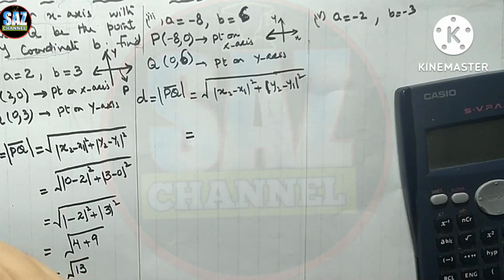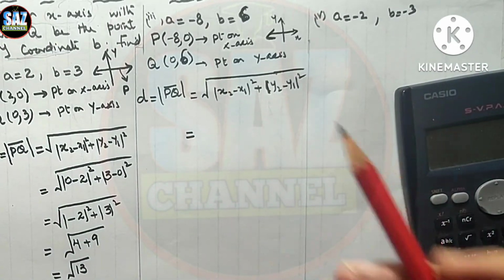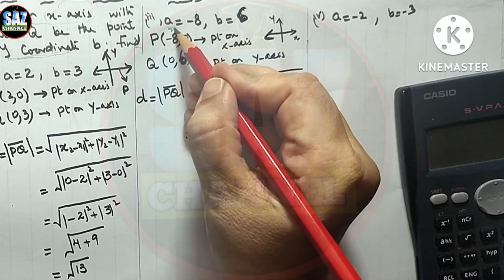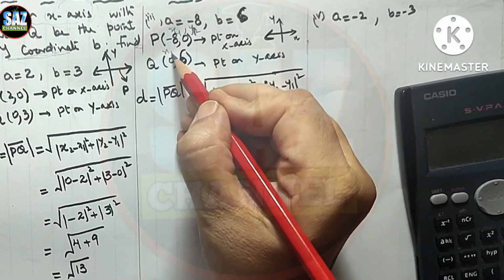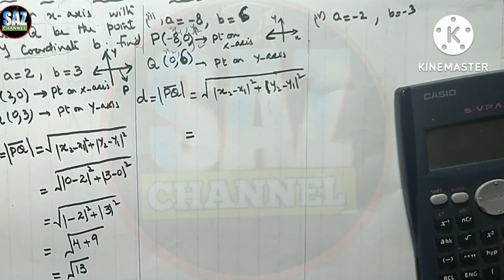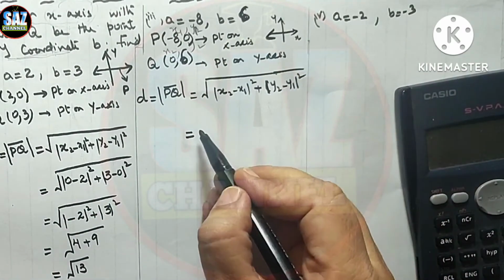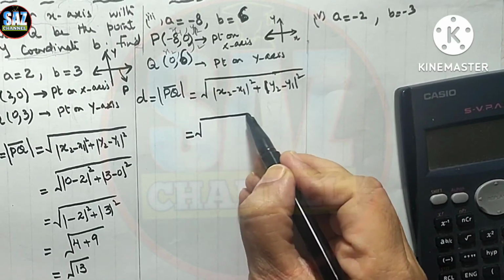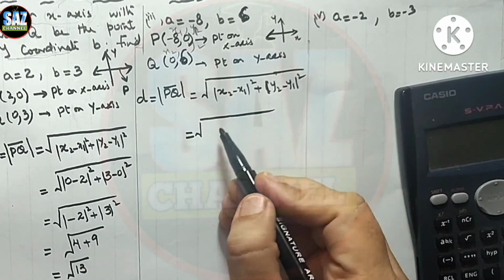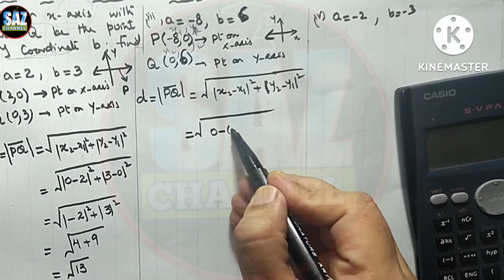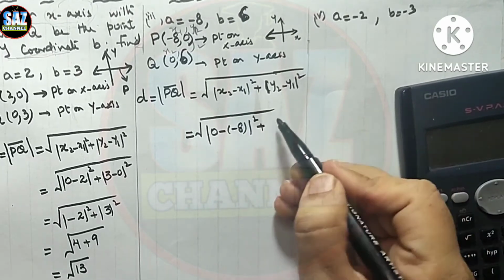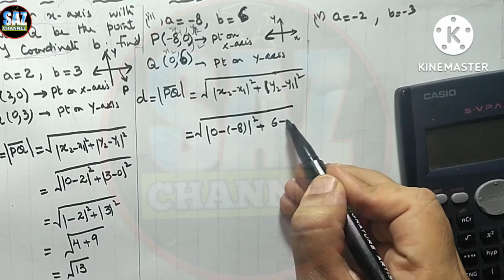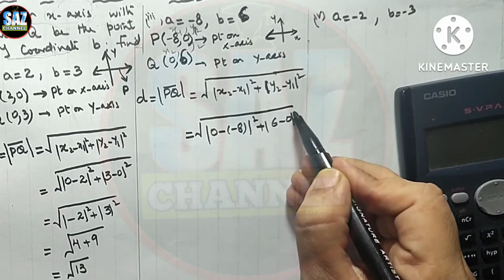If you find difficulty in what is x1, y1, x2, y2, this will take the form (0 minus minus 8) whole square plus (6 minus 0) whole square.